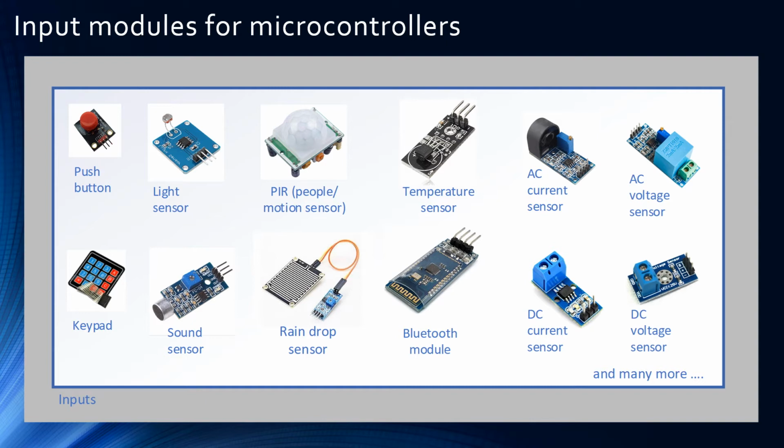If you want to build a smart watt meter, then what you need as input is an AC current sensor or AC voltage sensor. If you want to build an automatic lamp that goes on when it's already dark, then you cannot use the AC current sensor, you can only use a light sensor.